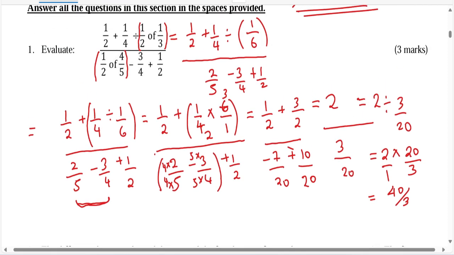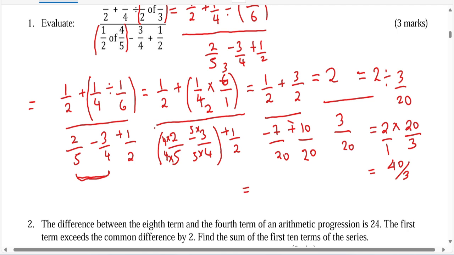But let me confirm. Kuandika to the last, ikiwa ni mixed fraction. So 3 yaenda kwa 40 mara ngapi? Yaenda kwa 40 mara 13, nadhani kama sijakosea, with a remainder of 1. So 40 divided by 3 becomes 13 and 1 over 3.